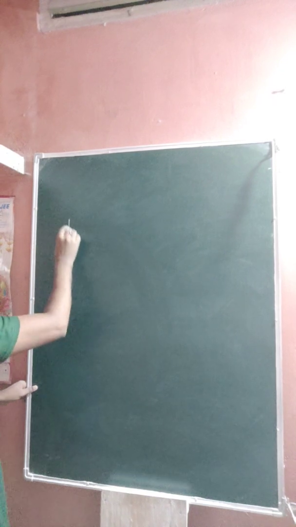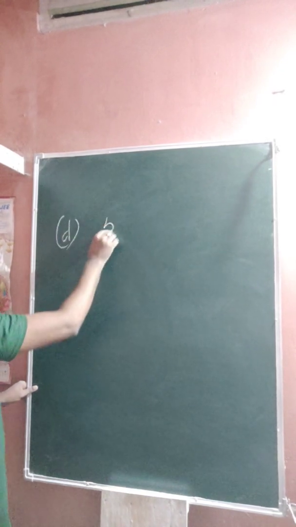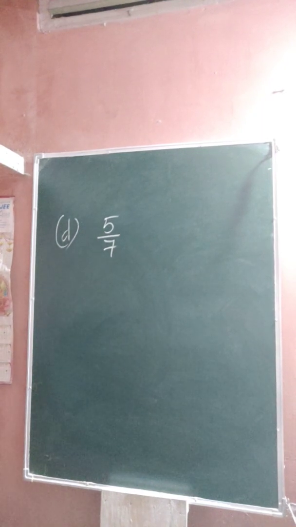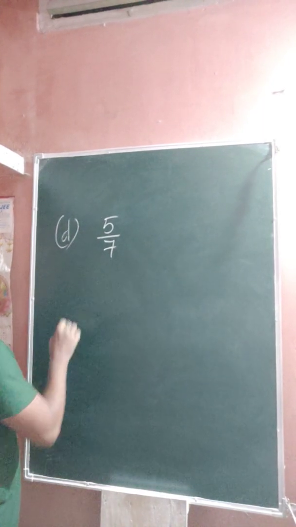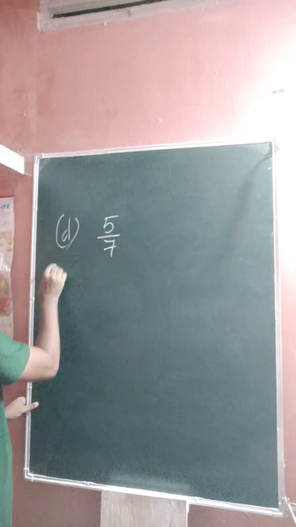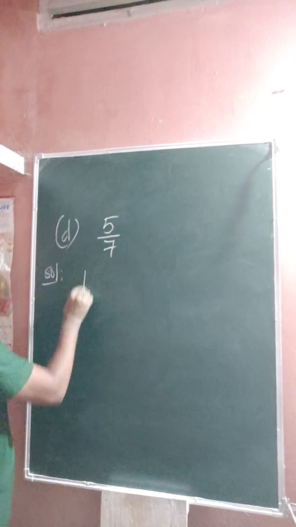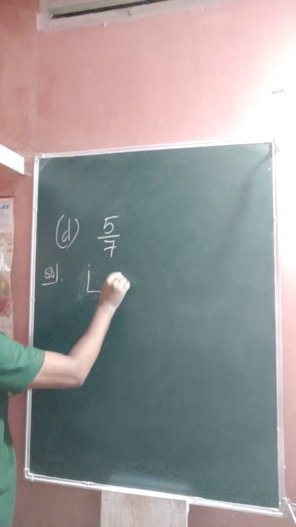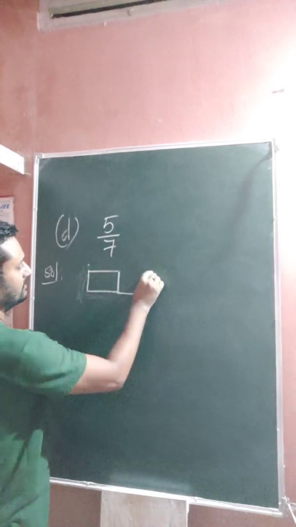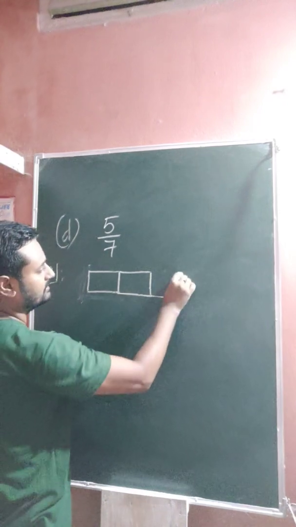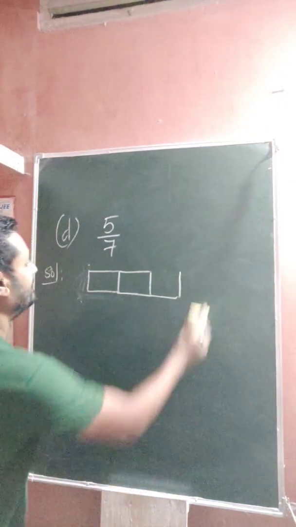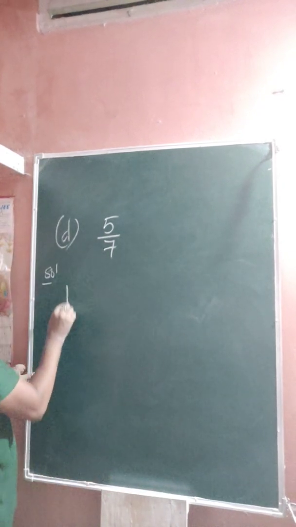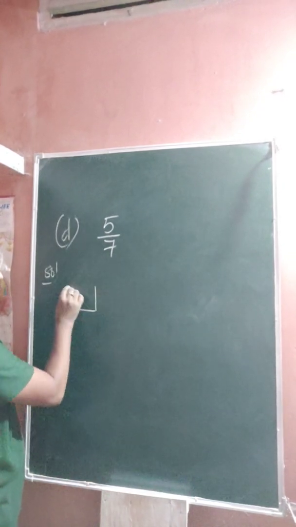So we just draw suppose 7 rectangles. Okay, 7 rectangles first. Just use the same size. All of you do it with the scale and pencil.